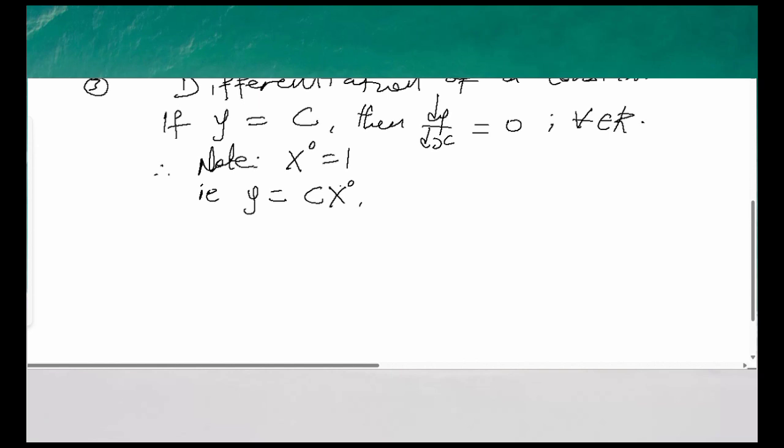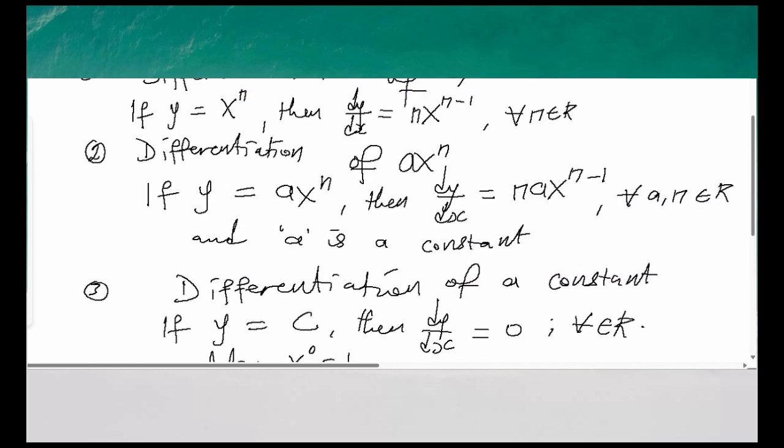But using the first rule to find the first derivative of y is equal to c x raised to the power 0, then dy/dx is going to be, looking at the first rule, we multiply the coefficient of x by the exponent of x, and then we decrease the exponent by 1, right?